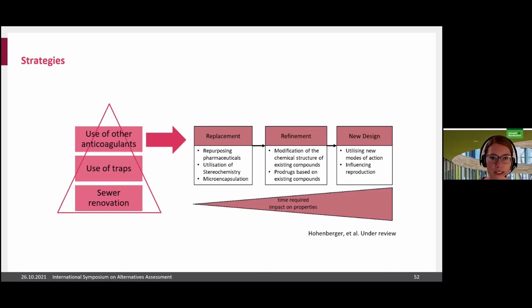On the medium time scale, we try to modify known chemical structures to make them better. And on the long time scale, we try to find new ways of dealing with rodents and chemical alternatives. But yes, this will take quite some time. So I will talk about some of these strategies now in my presentation.